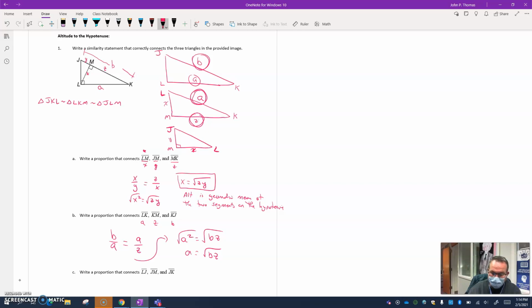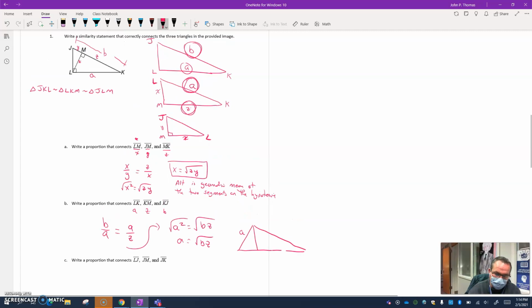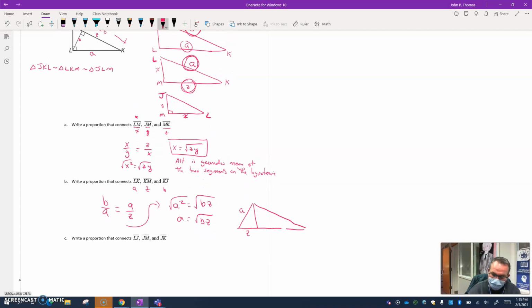All right, so it's a geometric mean, and if I look picture-wise, it would be equivalent to if I drew this picture, where A is the geometric mean of B and Z. All right, where B is the full length of that side. I just want to keep the same labels, so sorry, Z, and then B, which is the full length.